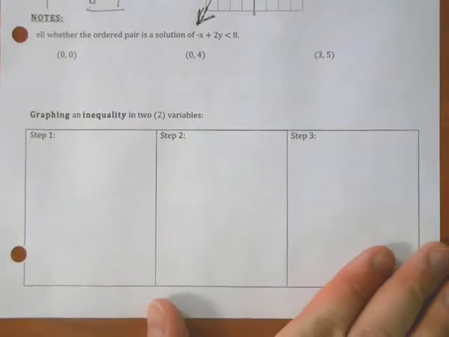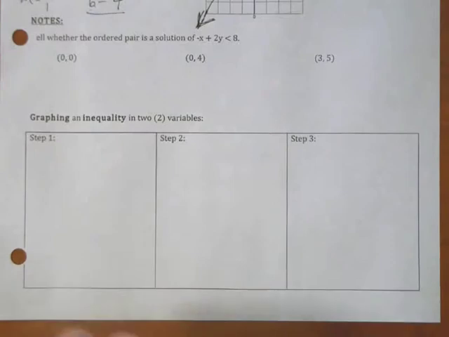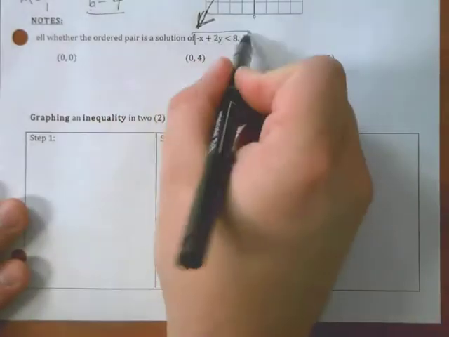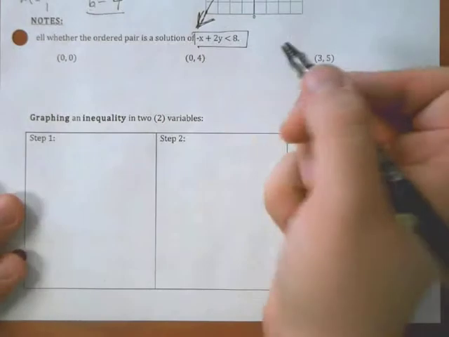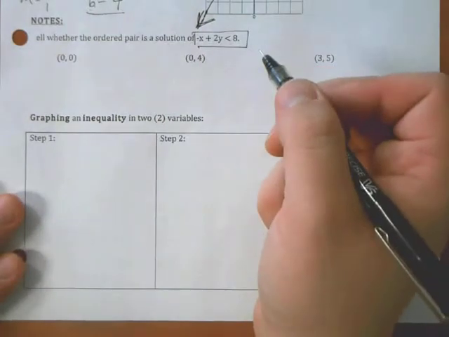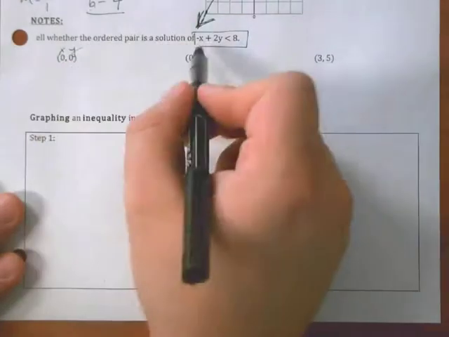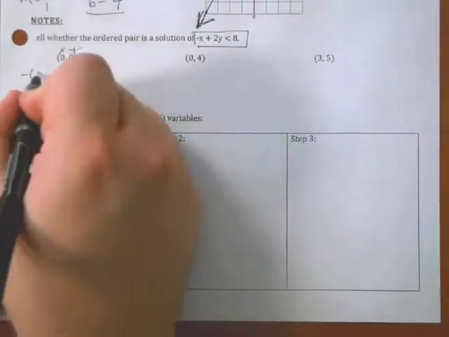So when I ask you to tell whether an ordered pair is a solution, we're going to do the same thing. We're going to plug in x and y into our inequality and then decide, does it work or does it not? So I'm going to plug in 0, 0 for x and y and see what we get.